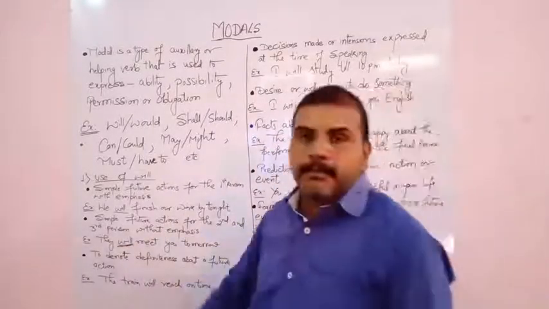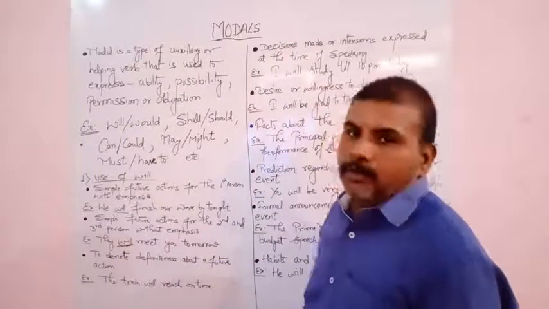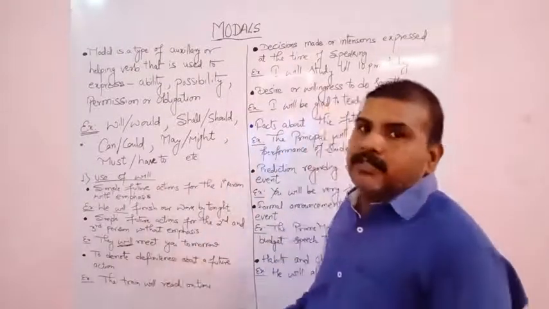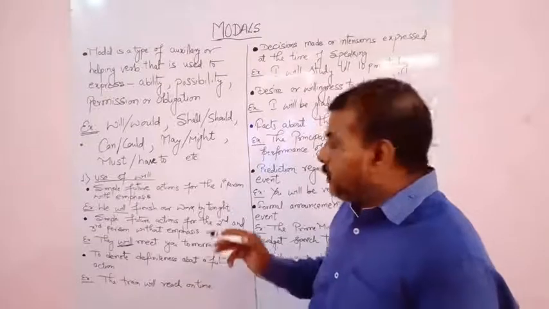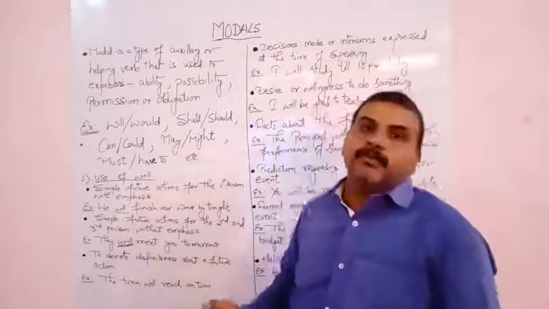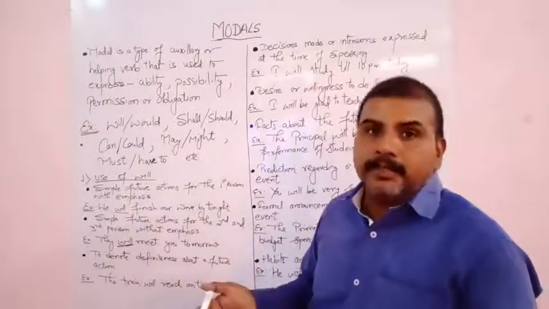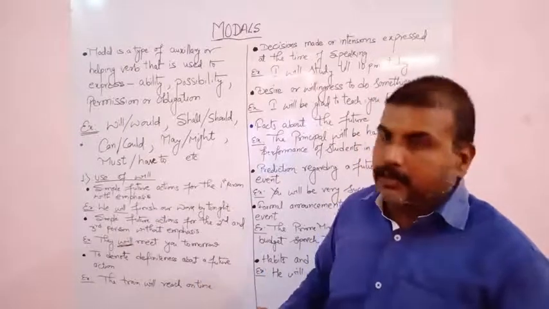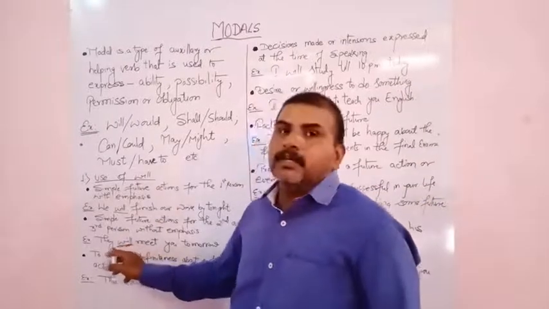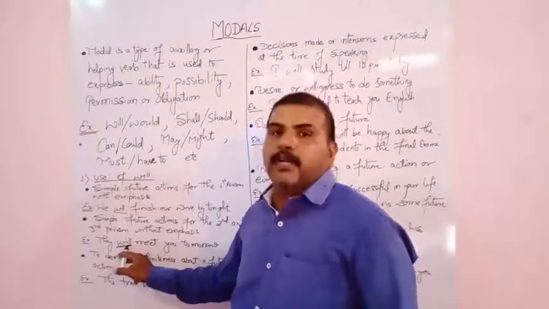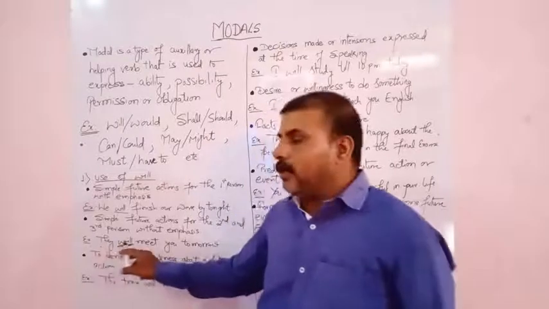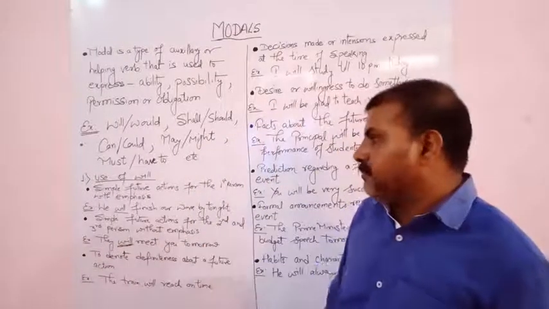They denotes third person. They will meet you tomorrow means here emphasis is not given, it is not sure that they will meet you tomorrow. They will meet, they may meet or may not meet. So emphasis is not here. So at that time we use will with the third person or second person.